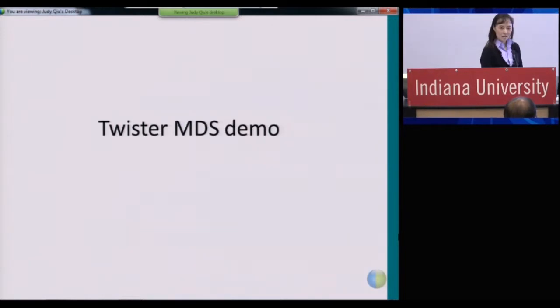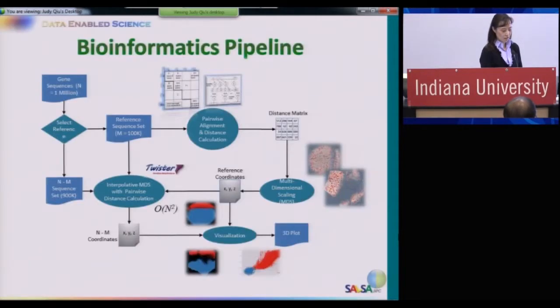With that, I give you a demo of Twister MDS. This is the background of why we do this. As the speaker from the first day, Michael Schatz, said, bioinformatics needs a lot of processing pipelines. You can see from this chart, from gene sequencing to pairwise clustering to dimension reduction to visualization, this is the pipeline.